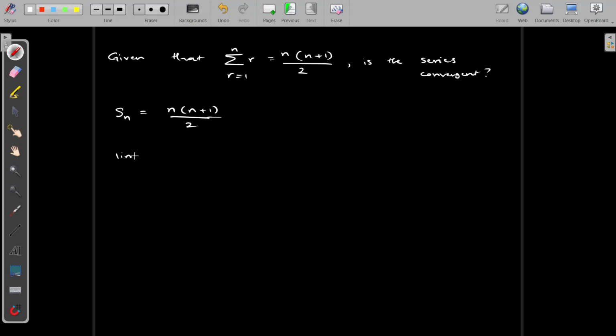So the limit of Sn as n tends to infinity would be equal to the limit as n tends to infinity of n times n plus 1 over 2. So looking at this would simply give us infinity, right? Because if we do a direct substitution, it's just infinity times infinity divided by 2, which is just infinity, right?